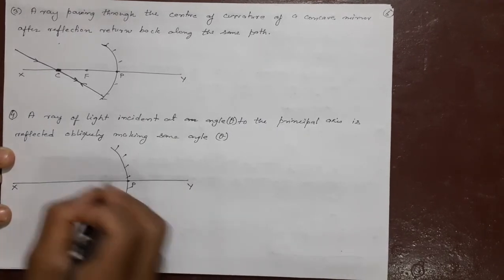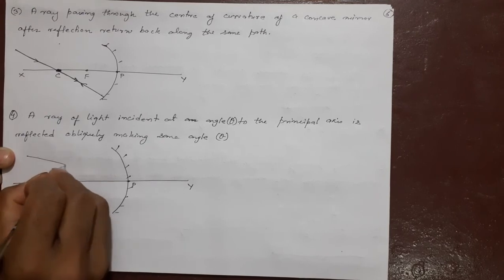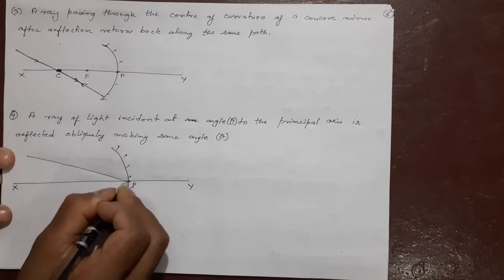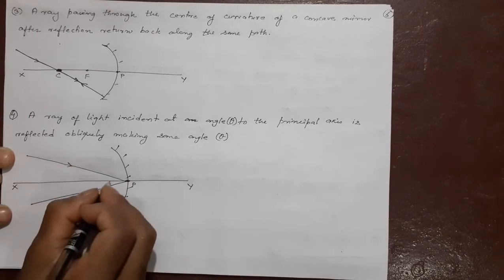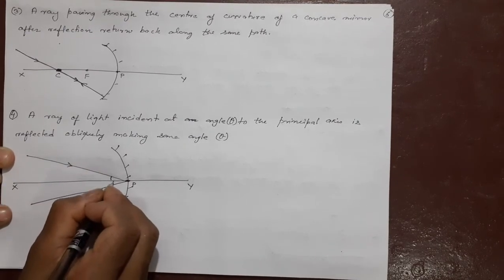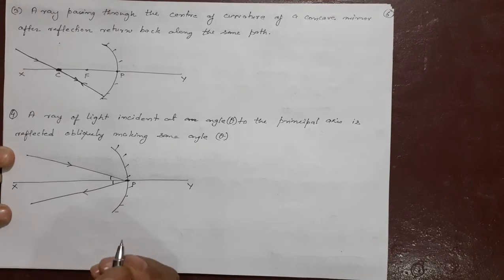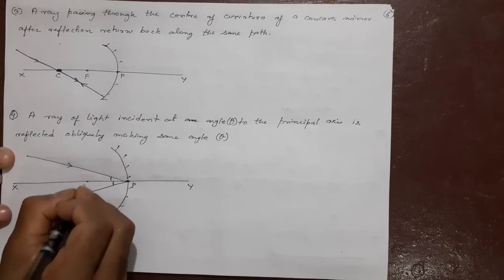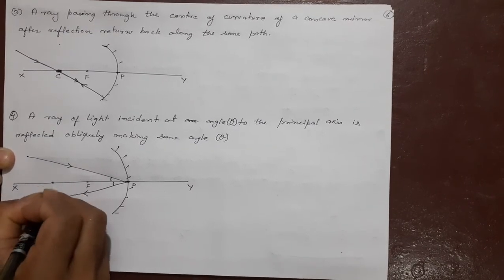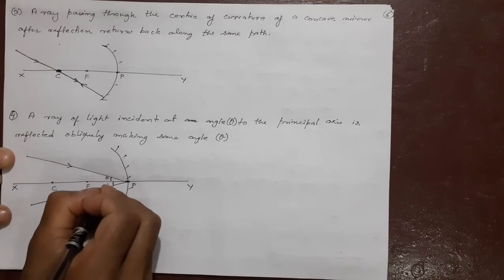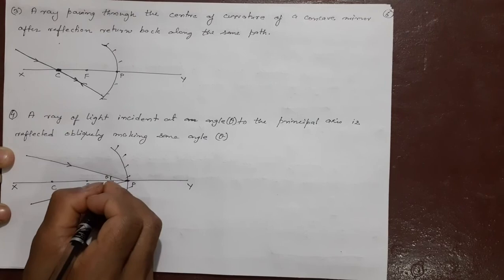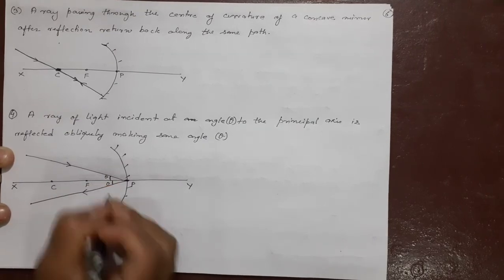Now if it is coming like this, hitting here, it will come back like this, going here, making exactly the same angle here and here. Very easy to understand, not that difficult. The focus will remain as it is, the center of curvature will remain. These are the angle values, theta: 30 degrees, 30 degrees. If it is 20 degrees, 20 degrees; 60, 60 degrees, like that.